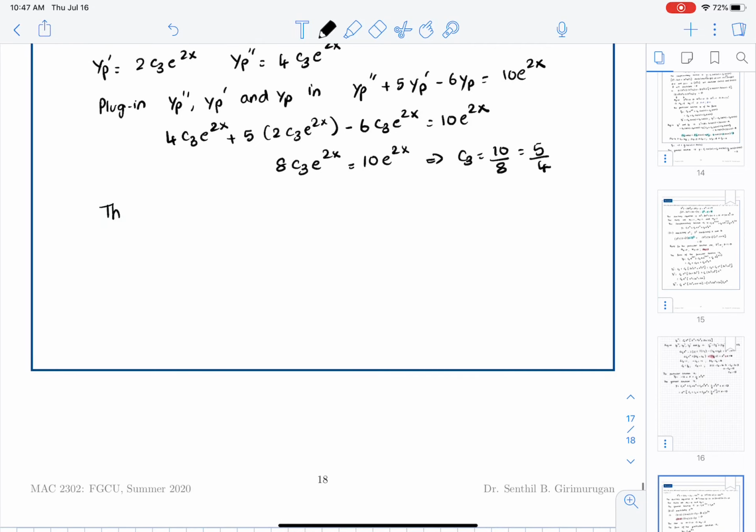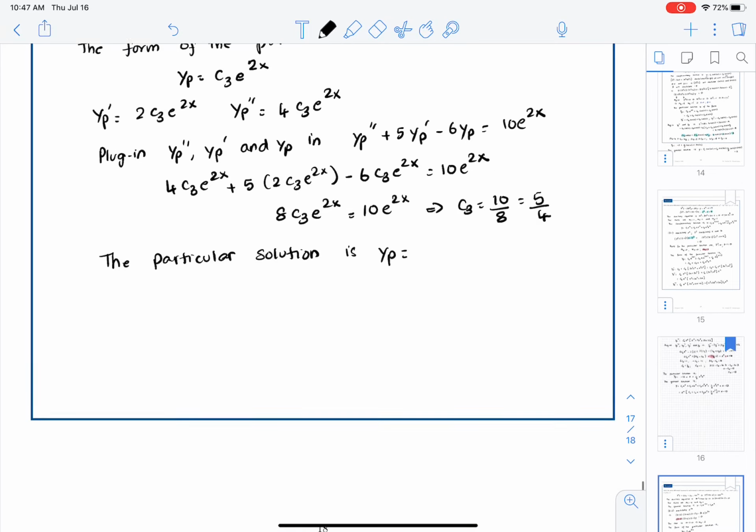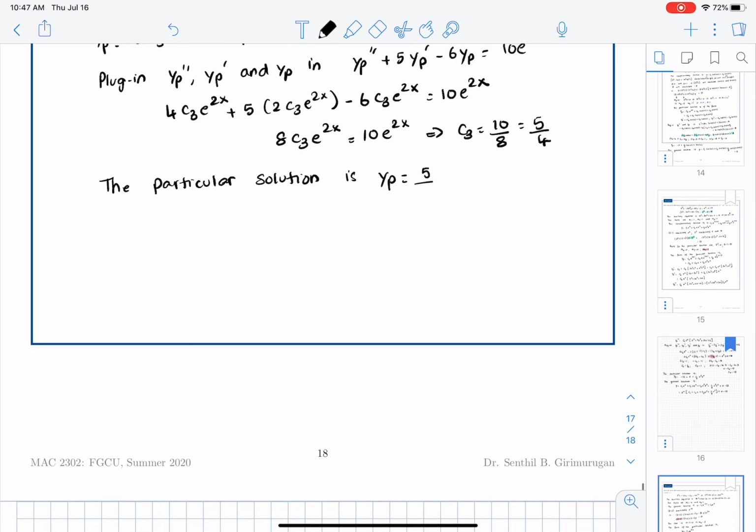So the particular solution is yp equals 5 over 4 e raised to x.